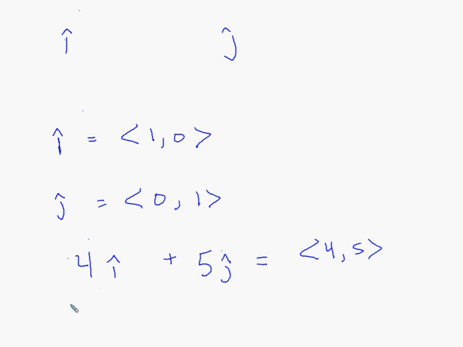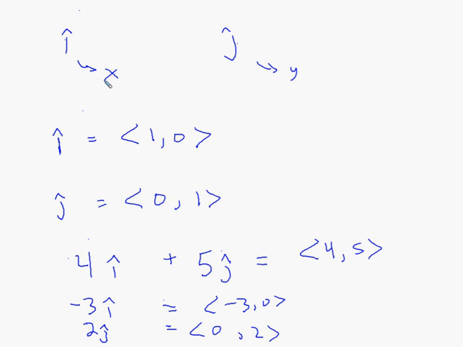I don't know why anyone would want to use that, but if I have just -3 I hat, that's -3, 0. And if I had just 2 J hat, that's 0, 2. Do you see what I'm doing there? J hat is basically Y, and I hat is basically X. So if you see those, that's what they are.